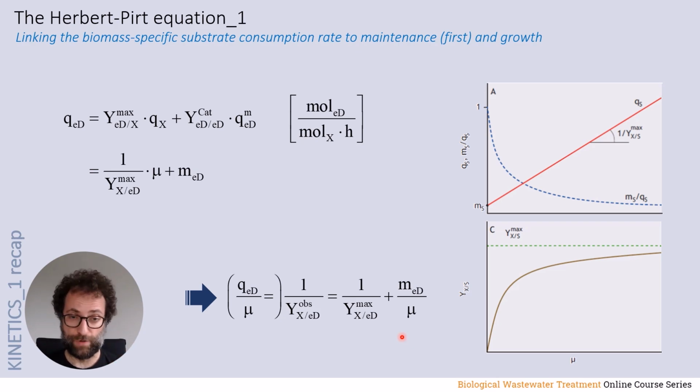If we look at it graphically, we see that the experimental yield is not a constant, but depends on mu. At high mu, it gets closer and closer to the maximum biomass yield. Whereas at very low growth rates, most of the substrate is consumed for maintenance, therefore the yield on substrate consumption is very low.